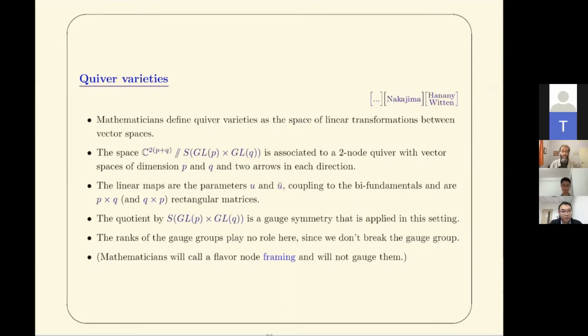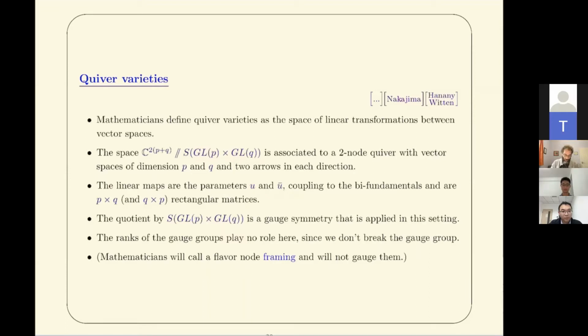In our case, the linear maps are these parameters U and U bar, which are P times Q rectangular matrices. So they are linear maps between C^P and C^Q. This quotient that I took is a gauge symmetry that mathematicians also want to take to identify inequivalent maps between these vector spaces.